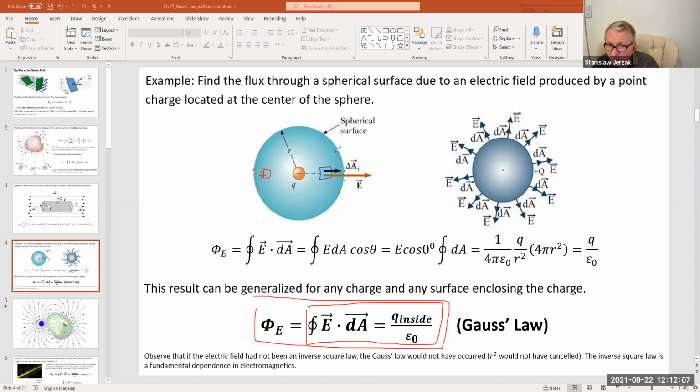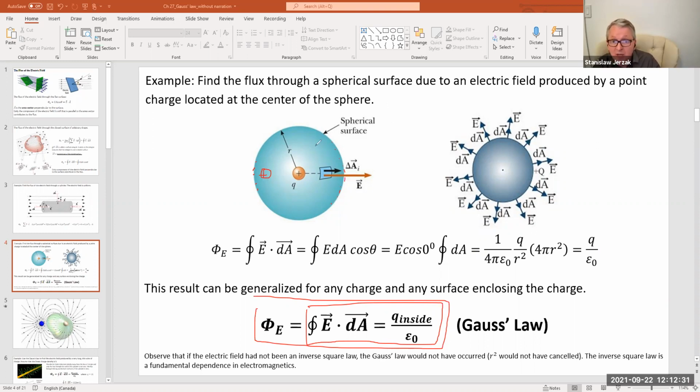But it is still possible to prove that the total flux of the electric field produced by that charge would be still equal to Q inside divided by epsilon 0. So no matter at which point that charge is located inside of the sphere, the total flux will be always equal to Q inside divided by epsilon 0.